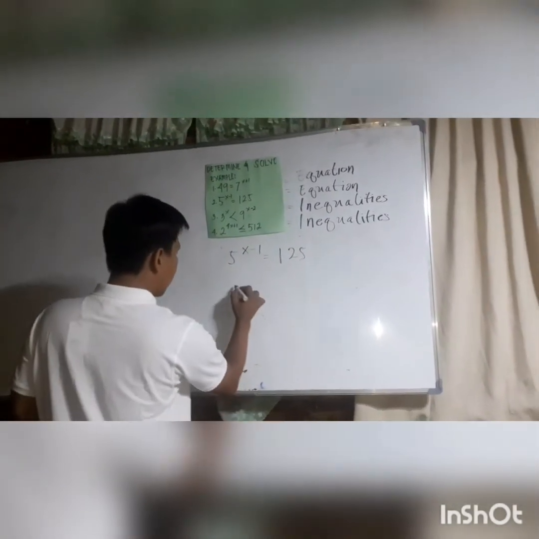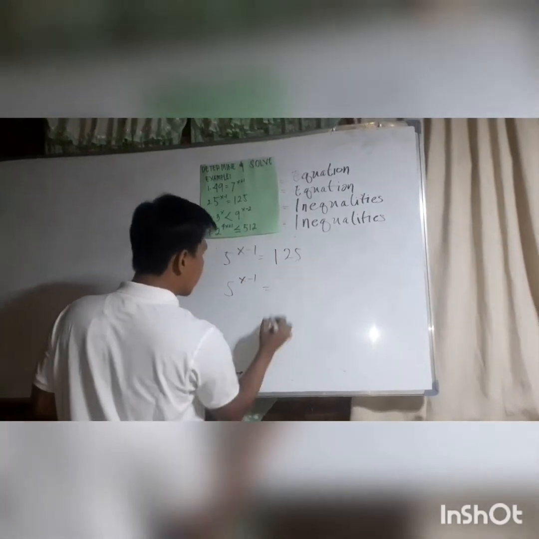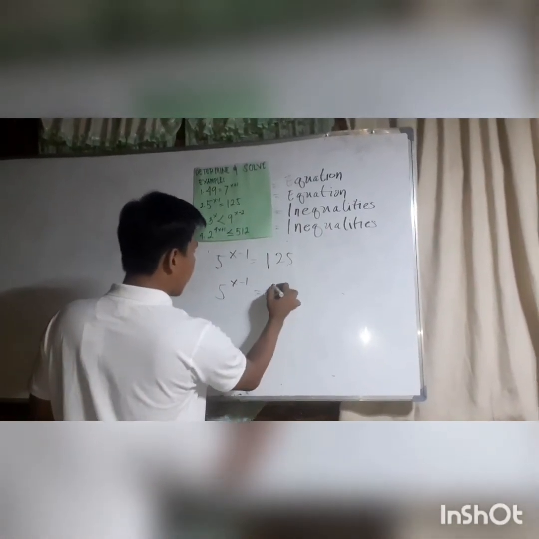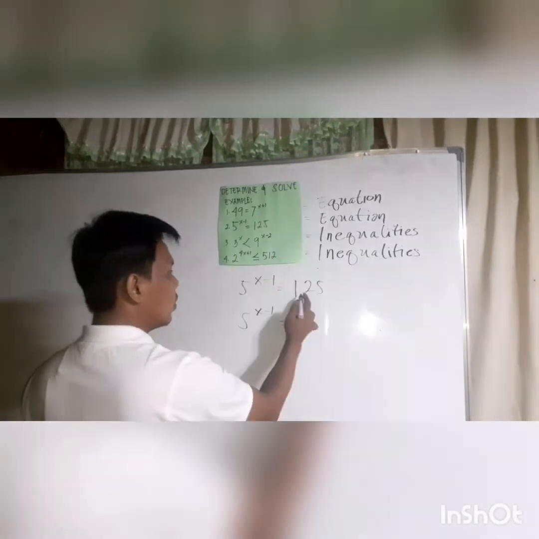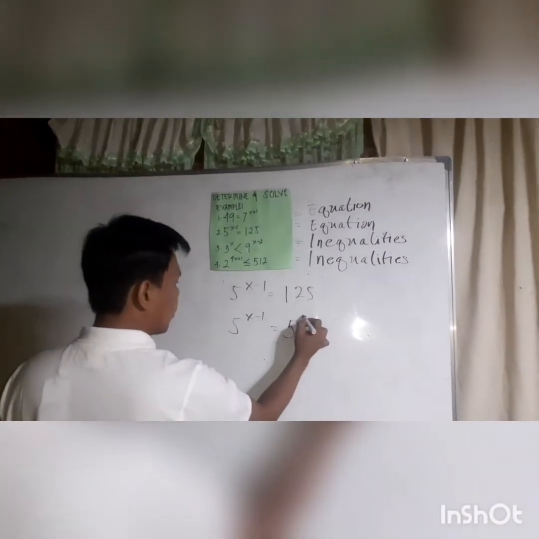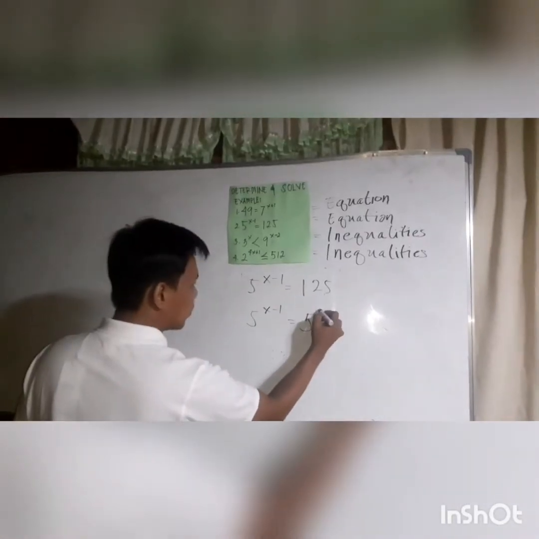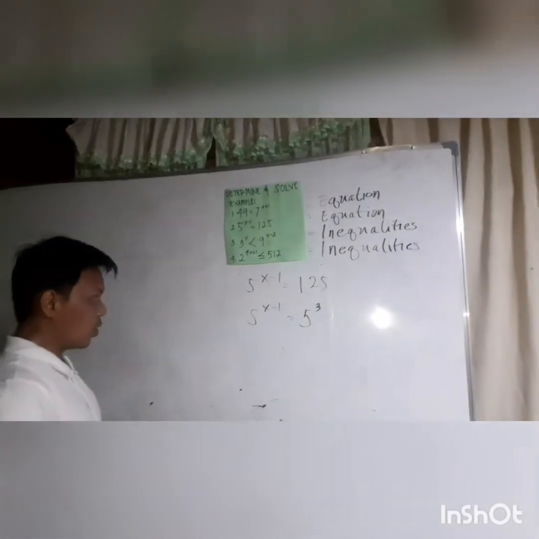So this is 5^(x-1) is equal to 5. So 125 is also equal to 5 cubed.